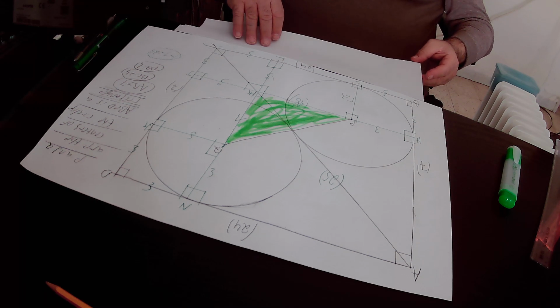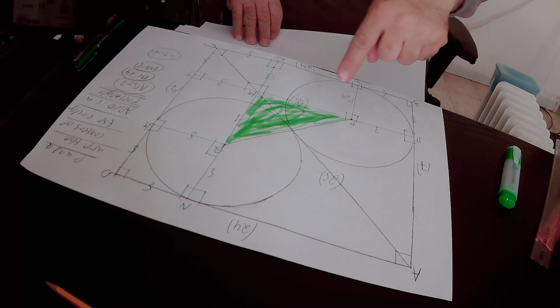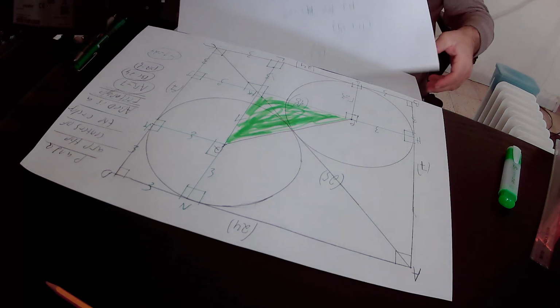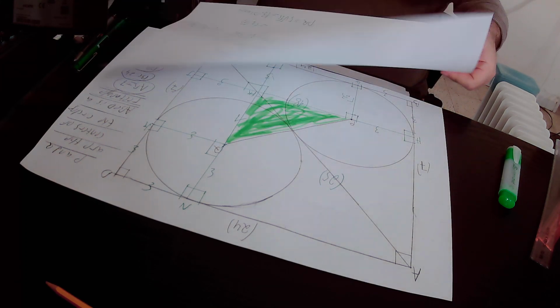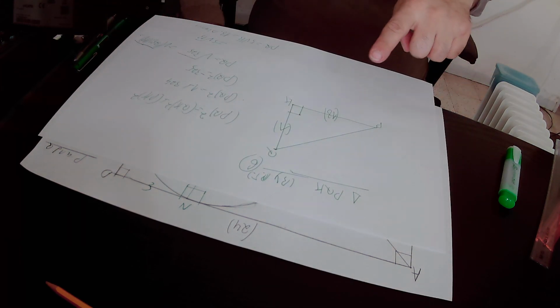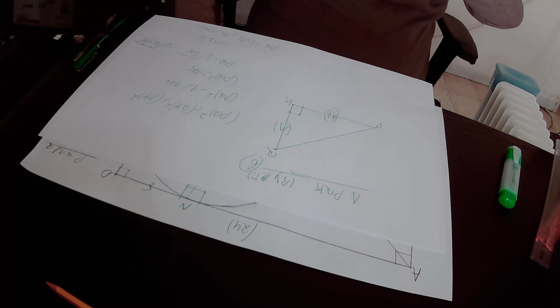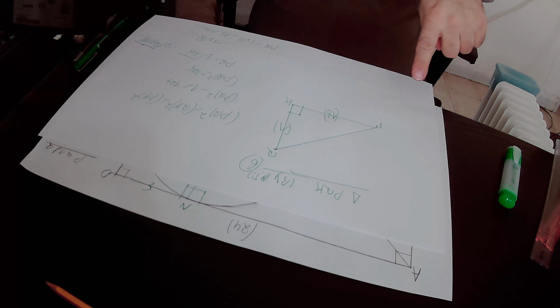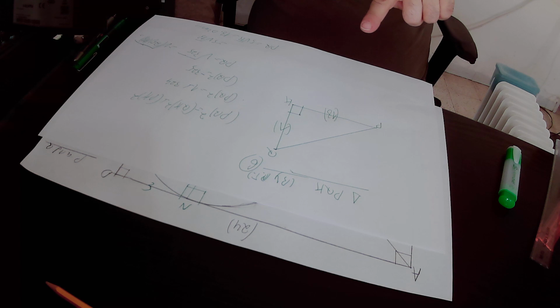Now we can apply the Pythagorean theorem on the green right triangle PKQ. This is the right triangle PKQ that I copied from the original drawing. According to the Pythagorean theorem, in this right triangle PKQ, PQ squared equals KQ squared plus PK squared.